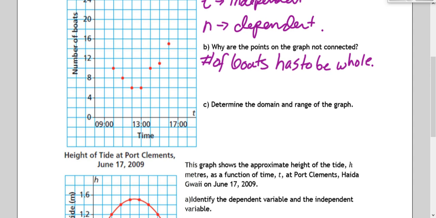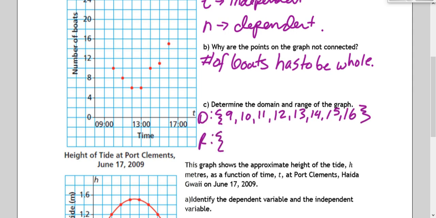The domain of this graph is {9, 10, 11, 12, 13, 14, 15, 16}, curly braces. And the range of this graph is {6, 8, 10, 11, 15, 25}.